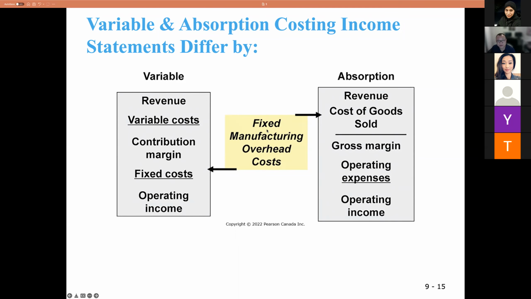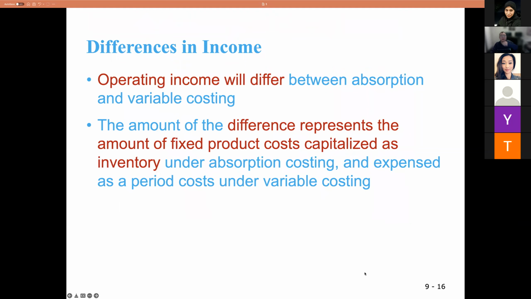Under variable costing, fixed overhead is considered a fixed cost, below the contribution margin. For absorption costing, the fixed manufacturing overhead is part of the cost of goods sold, which is above gross margin. I think I have an example, and I hope that will be pretty clear.